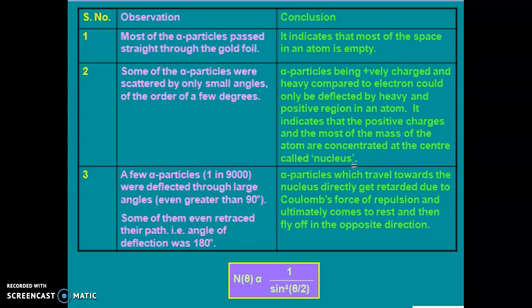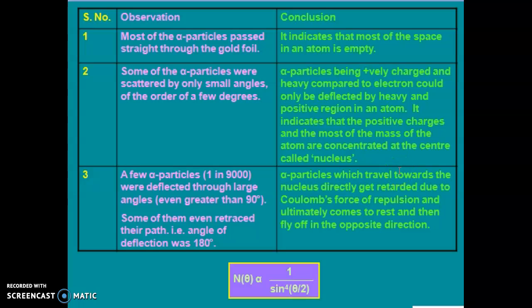A few alpha particles were deflected through large angles. Some of them even retraced their paths. The deflection was 180 degrees, meaning they went there and after striking they retraced their paths by 180 degrees. So alpha particles which travel directly towards the nucleus get retarded due to Coulomb's force of repulsion.